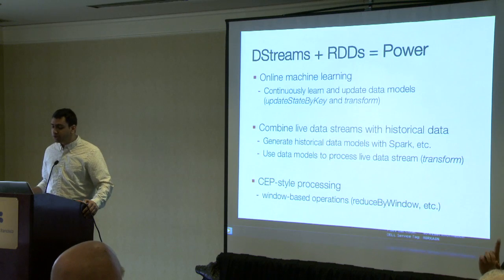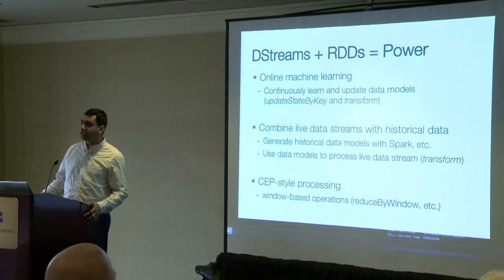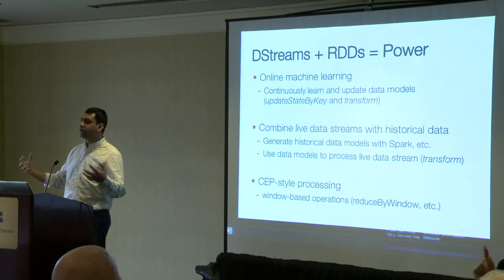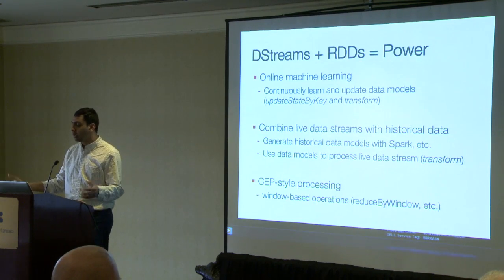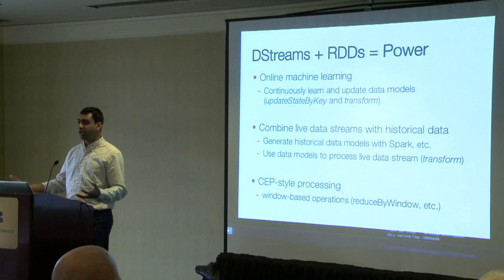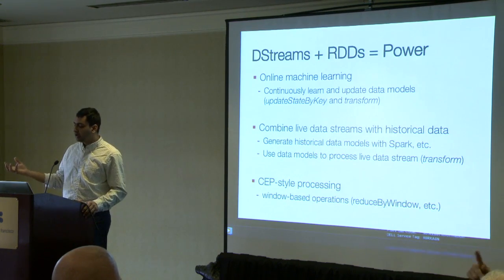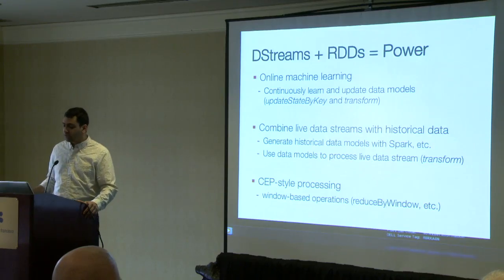It also allows you to combine live data streams with historical data: generate a compressed form of historical data by running some external jobs on Spark, for example, and use that data to filter the live data stream. Also, people have done CEP-style processing, where you take the window-based operation and do filtering on the whole window and things like that.